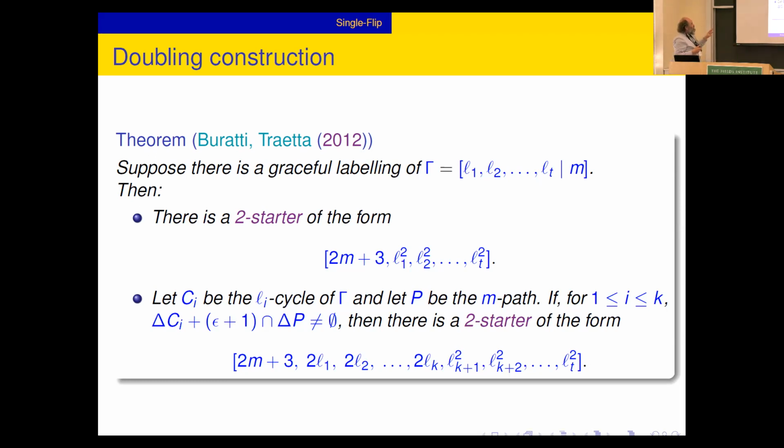And moreover, for some of the cycles, when we add some number, this epsilon is the number of edges in the zillion graph. If the difference set within the cycle intersects the difference set within the path, then we can actually do more.